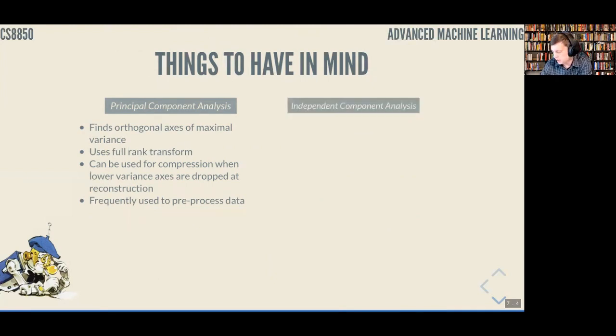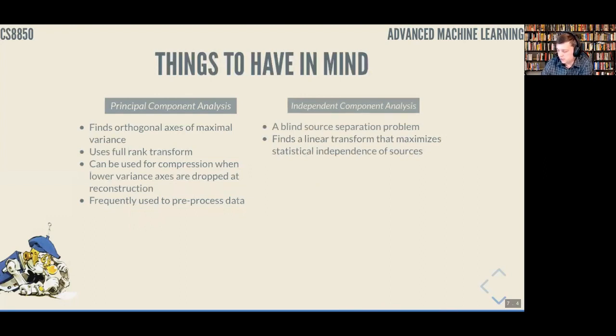But anyways, independent component analysis, blind source separation problem, a sub-problem of the larger problem, still a problem. It finds a linear transform that maximizes statistical independence of sources. The resulting basis is not orthogonal. As I said, it can capture other bases, but it's still full rank, full basis. Noise is often independent of the rest of the data.